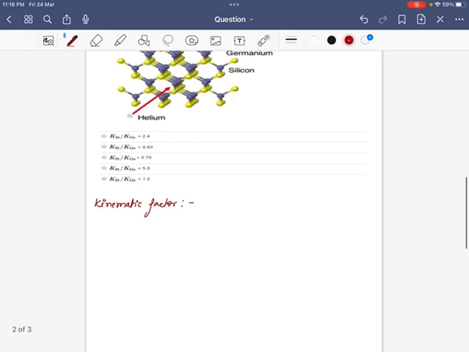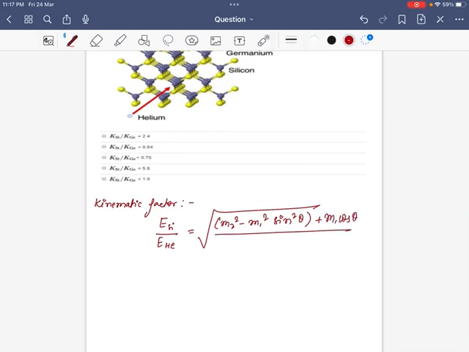So, the kinematic factor is basically the ratio of the energy of the target atom and that of the projectile, which is given by the formula: the square of [root of (m2 square minus m1 square sine square theta) plus m1 cos theta] over (m1 plus m2). So basically the kinematic factor here is just giving you the ratio between the silicon and the helium atom. Still we are not considering the germanium, that would be calculated separately.